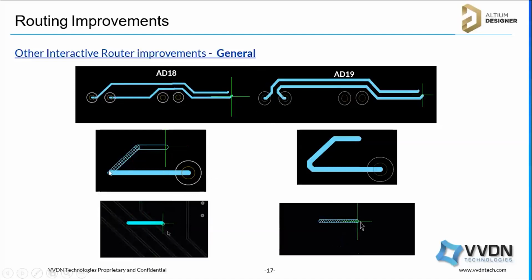And this kind of irregular, acute angle, it will avoid. If you stop here and adjust here, it will maintain the 45 degree as well. And it will not create a loop here like this. If you are a user of AD18, you might have gone through this issue.